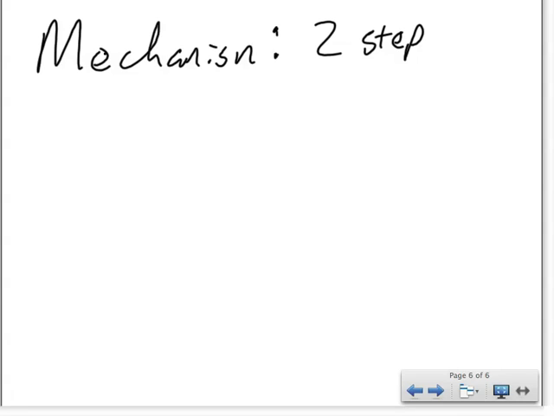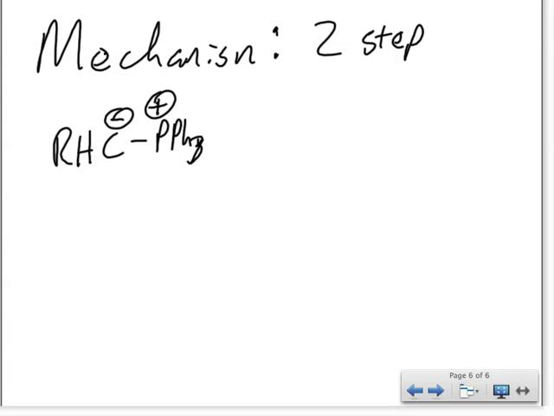If we look at, again, our generic ylide, we have that reacting with our carbonyl species. For clarity, I'm going to go ahead and draw that with the carbon and the CH3s here.